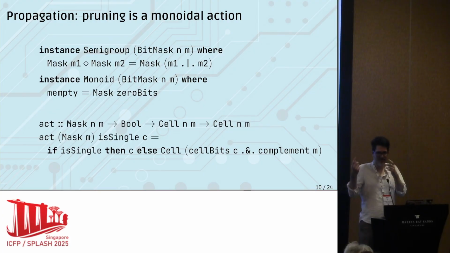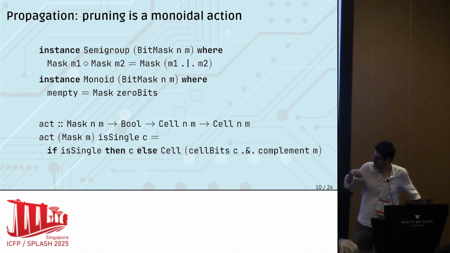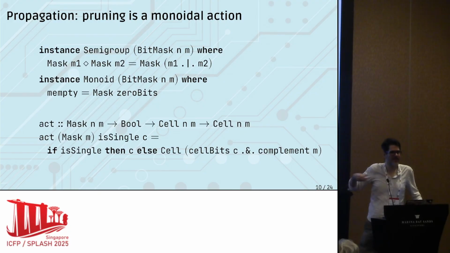These are not possible values anymore. And that, of course, also means that the empty case is one where you have no bit set, because that means there are no bits where I know they can't be valid, because I don't know anything yet. And then the action itself is just removing the bits from the set of candidates that we already know can't possibly be values of that given cell.